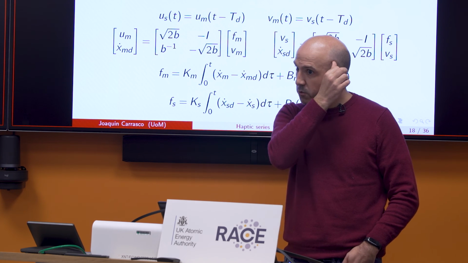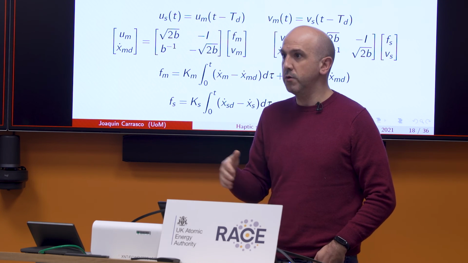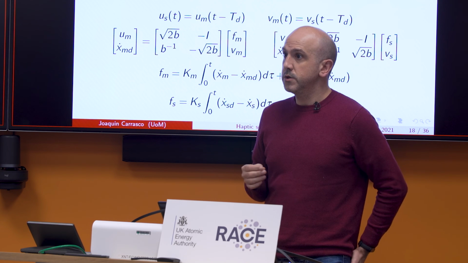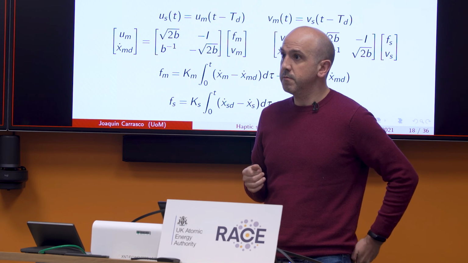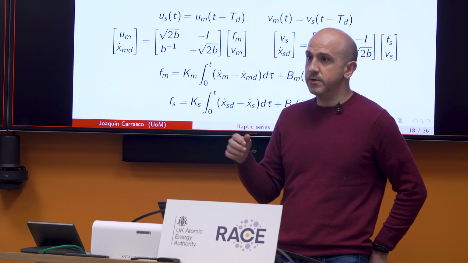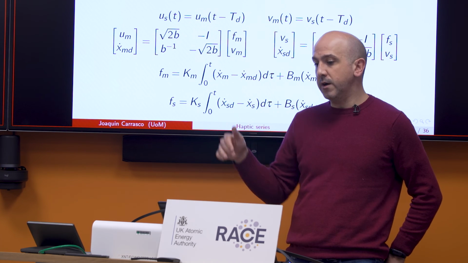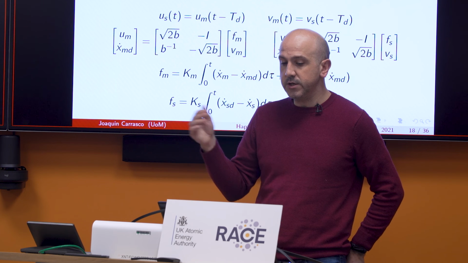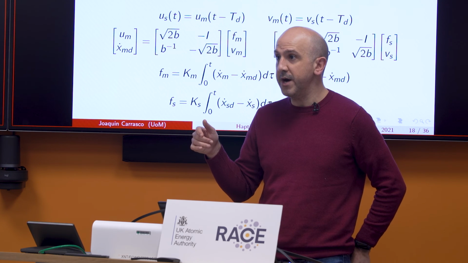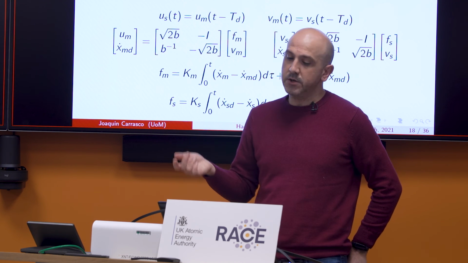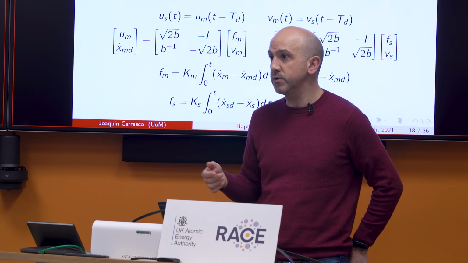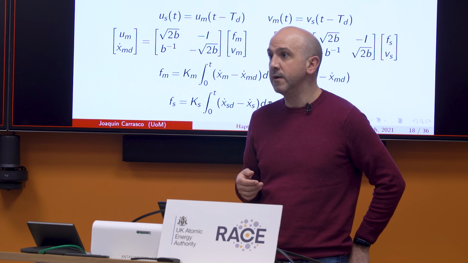But this configuration was developed for the standard 2 channel configuration. There is a lot of literature trying to include in the communication also the force of the human and the force of the environment, and this gives you additional information that you can use for solving the issue of transparency.